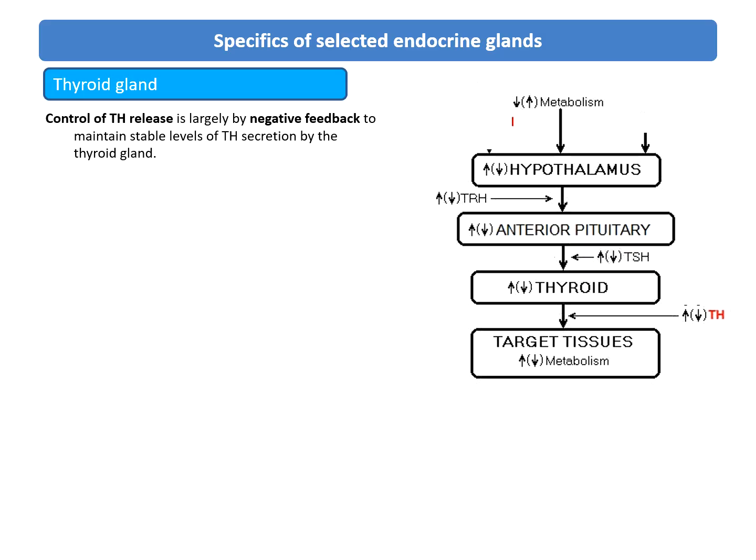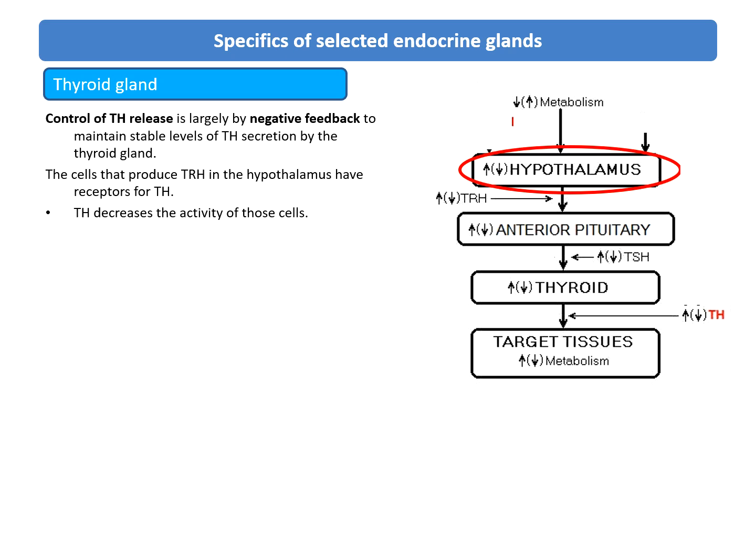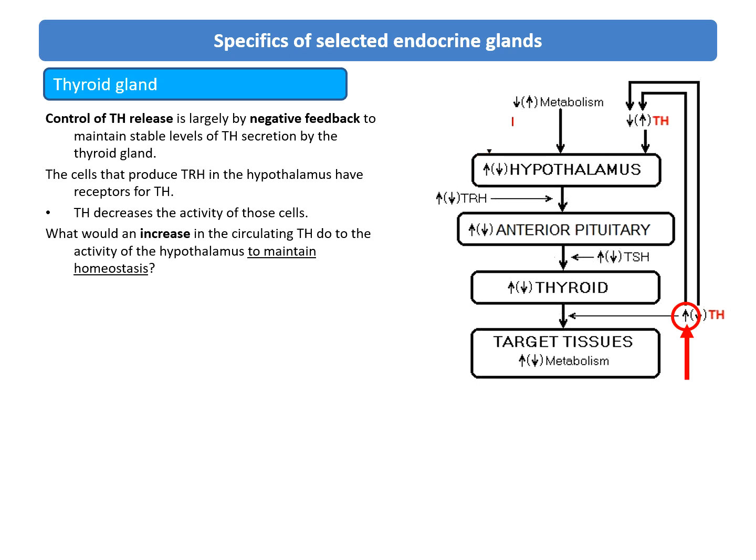However, control of TH release is largely by negative feedback. The purpose is to maintain stable levels of TH secretion by the thyroid gland. Now let's see if we can figure this out. The cells that produce TRH in the hypothalamus have receptors for TH. TH decreases the activities of these cells.